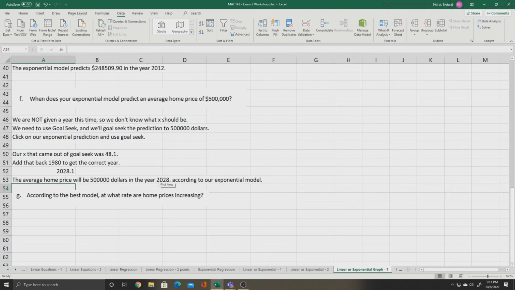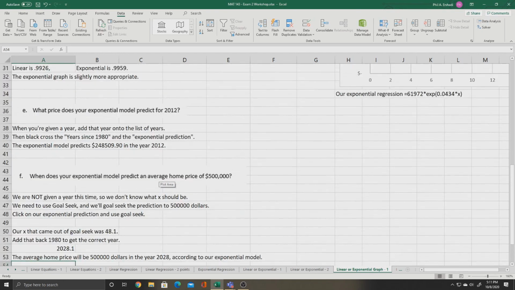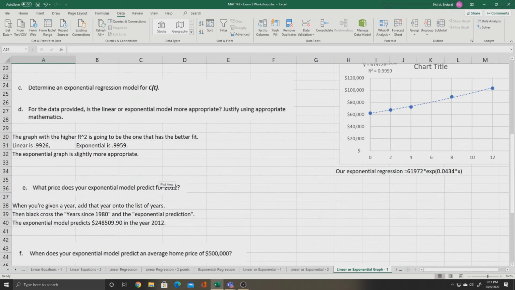Now, if you switch to the linear model, it might not give you the same thing, and that's fine. Now, according to the best model, at what rate are home prices increasing? Let's backtrack to part D. We found in part D that the exponential graph is slightly more appropriate.